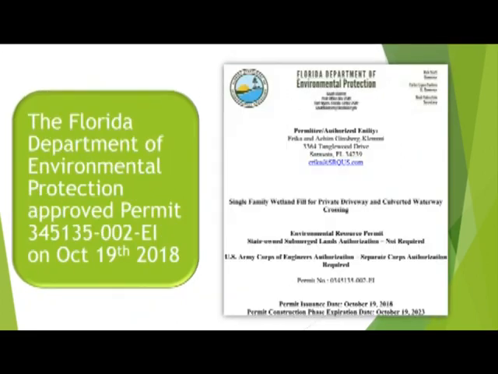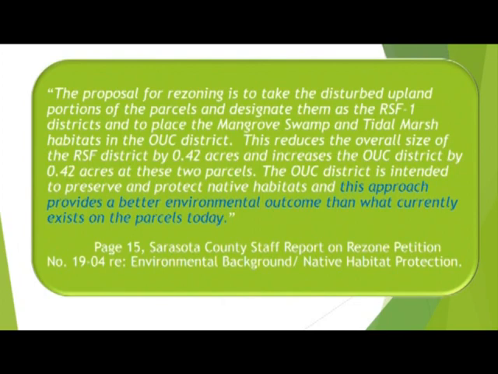And then from the words from the staff report, the Sarasota County staff report, the proposal for rezoning is to take the disturbed upland portions of the parcel and designate them as RSF1 districts and to place the mangrove swamp and tidal marsh habitats in the OUC district. This reduces the overall size of the RSF district. And this approach provides a better environmental outcome.